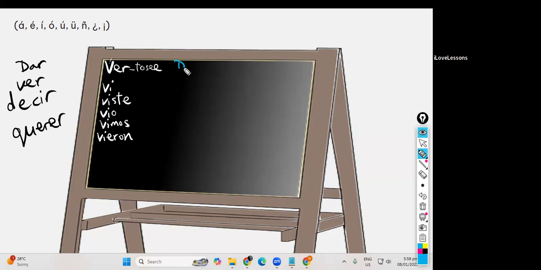Decir, to tell. All right, so I told: dije. So the stem is D-I-J, and this J gets an H sound, right? So dije, dijiste, dijo, dijimos, dijeron.